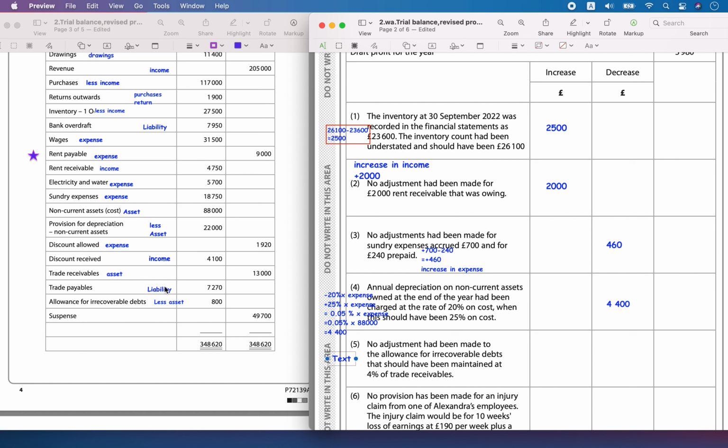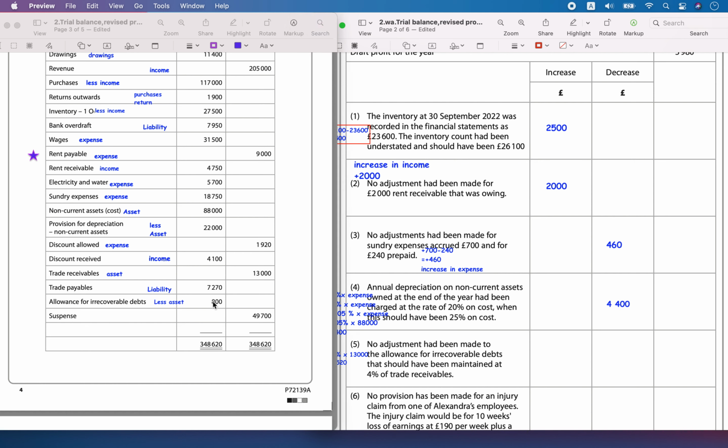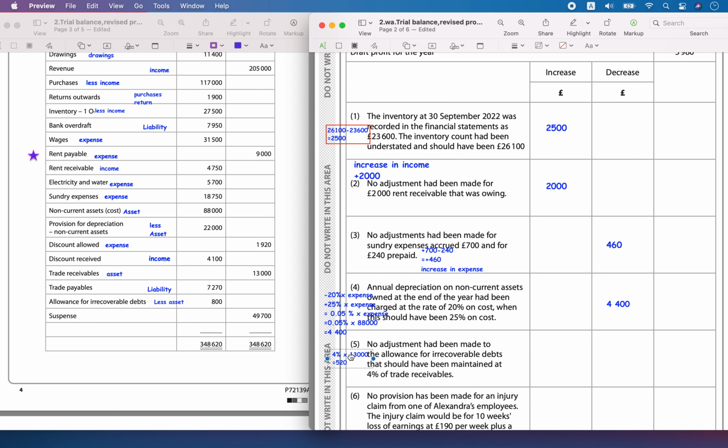The trade receivables were at 13,000, and 4% of 13,000 is 520, but the provision made was 800.